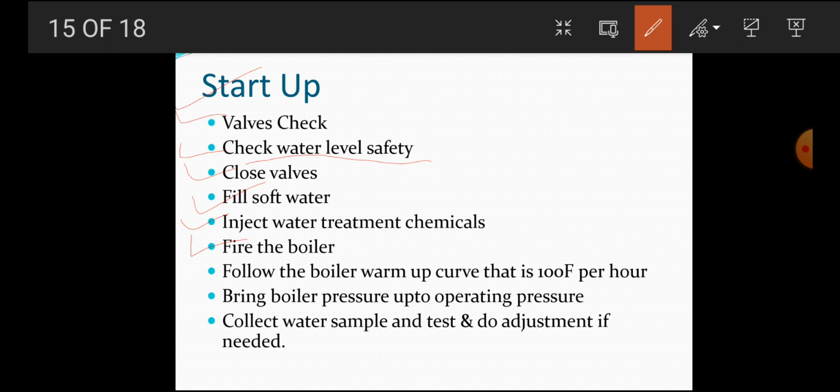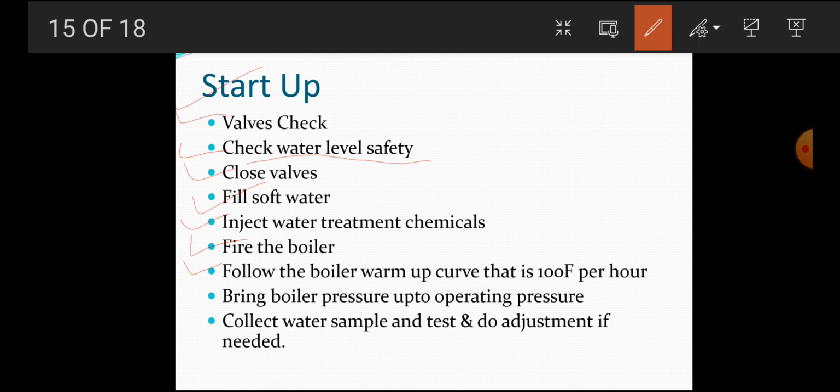Now after firing the boiler, what will be the next step? We need to follow a curve. The boiler warm up curve should be strictly followed. The standard warm up curve for a typical boiler is not to increase the boiler water temperature over 100 Fahrenheit per hour.